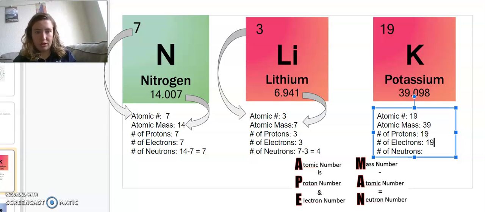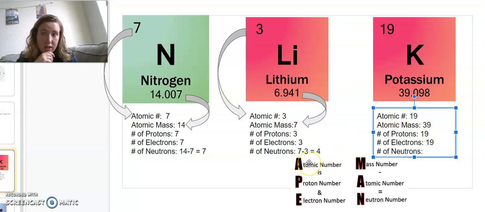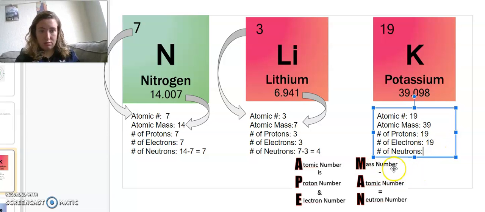Same thing for electrons, 19. Again, I'm getting that from atomic number is proton number and electron number. Finally, for neutrons, I have to do mass number minus atomic number equals neutron number. So that's going to be 39 minus 19 equals, what is that, 20? Yeah, 20.